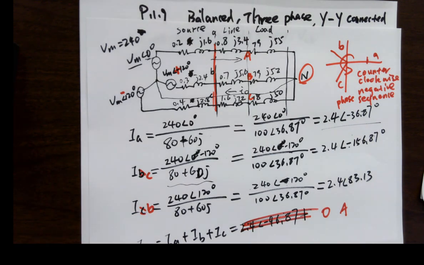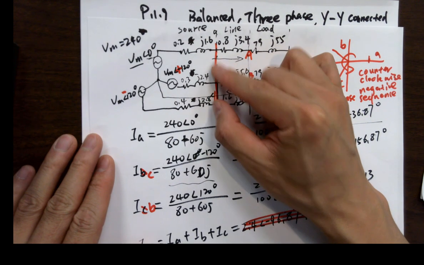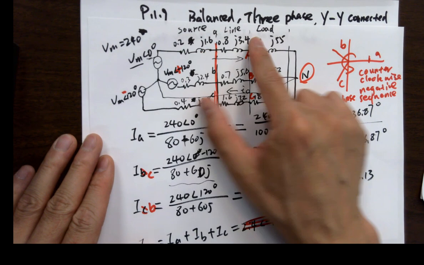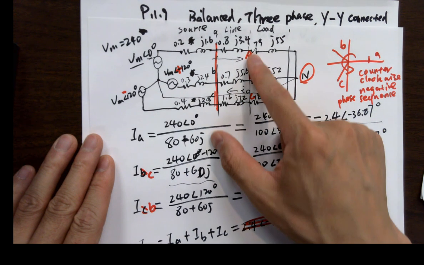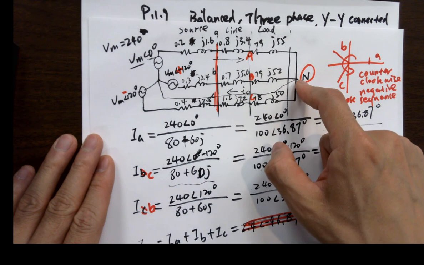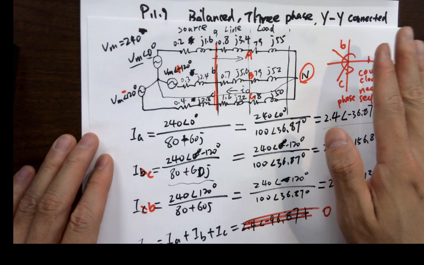Keep that in mind. The first problem in the homework assignment provided the schematic, but the following ones didn't. But you should know that whenever it's asking for VAB, it's going to be VA and VB between these 2 phases after the source impedance. See, this is the source impedance, line impedance, and load impedance. So VAB is the lowercase a and b over here, and uppercase A and B is after the line impedance, and N is a reference node of the load. Keep in mind, it's all labeled in the same way.